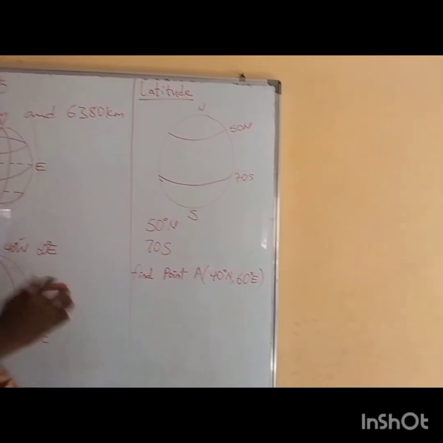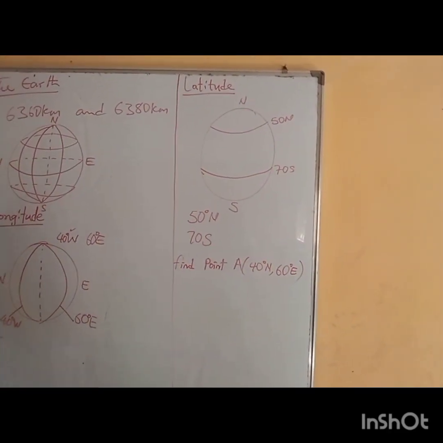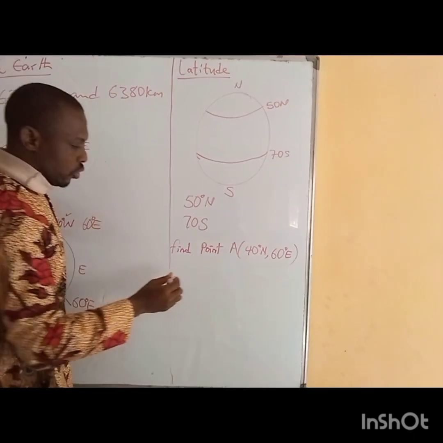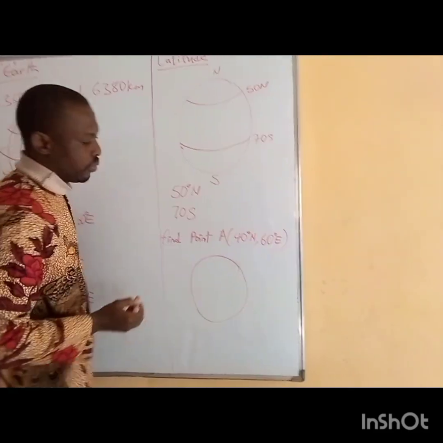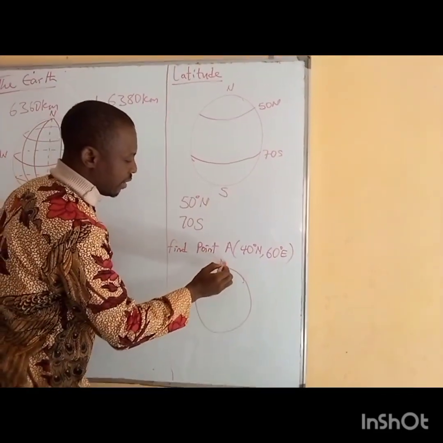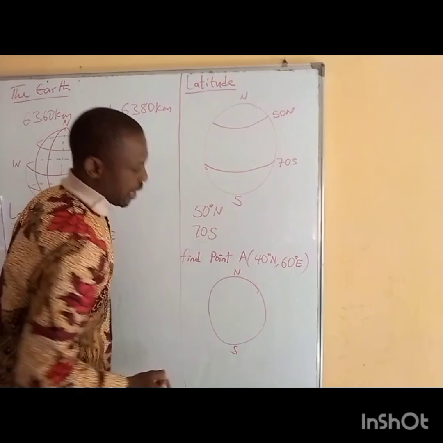If you are given a point like this to draw, what you do is you sketch the diagram of the globe, and then you identify your North Pole and your South Pole.